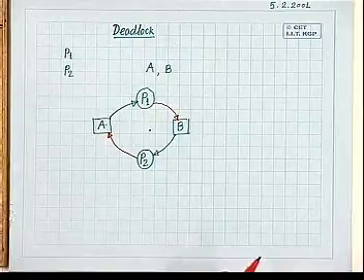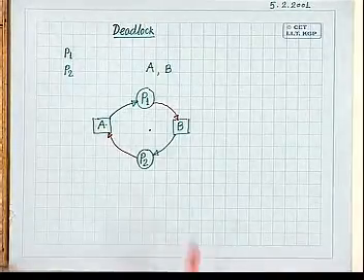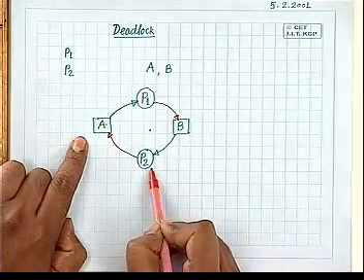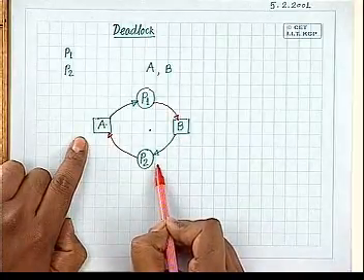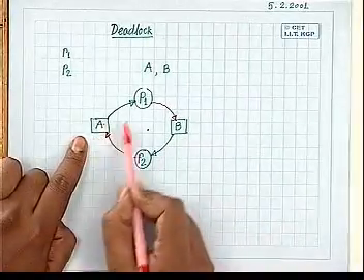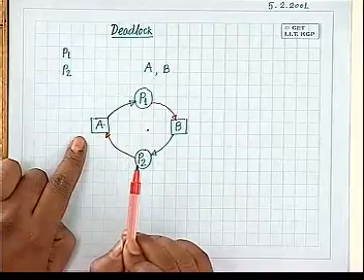So, you find that we have a funny situation: P1 has acquired A, waiting for B, which can be released only by P2 after its completion. P2 has acquired B, waiting for A, which is to be released by P1 after its completion.